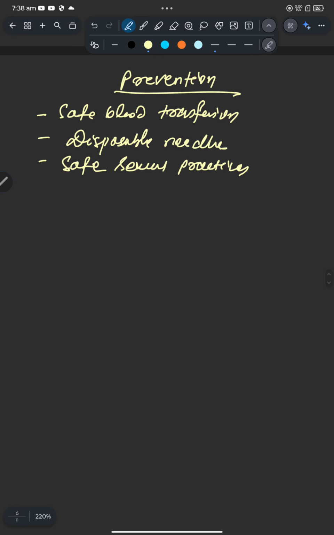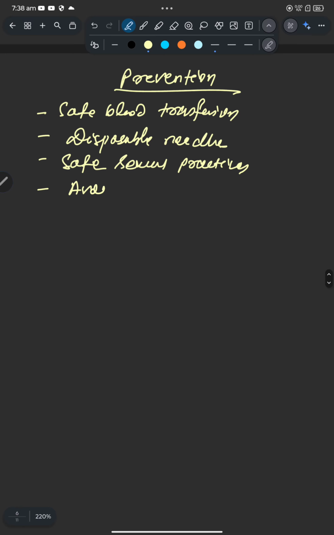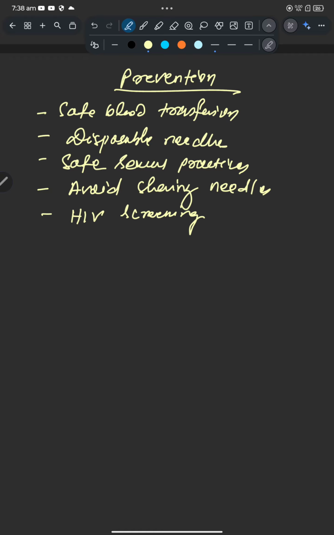Then avoid sharing needles. Then HIV screening जरूरी है फॉर दोज हु आर एट हाई रिस्क. कौन हाई रिस्क में है ऑलरेडी मैं बता चुकी हूँ. देन मदर टू चाइल्ड प्रिवेंशन.